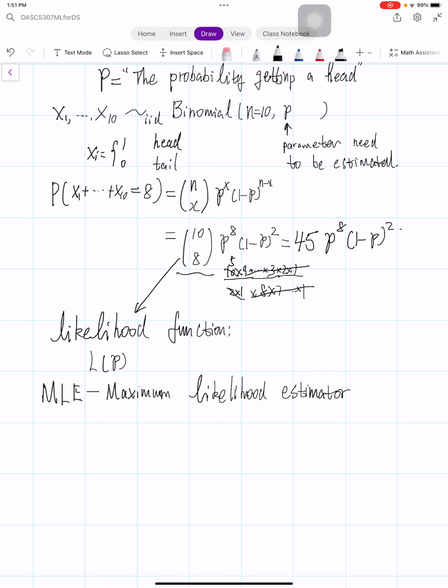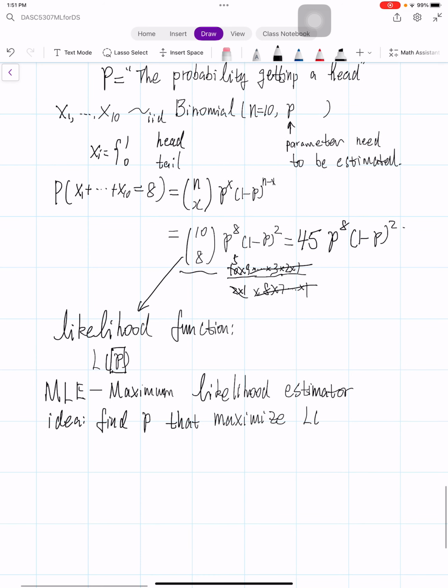In other words, we need to find a p such that this likelihood is maximized. So the idea is to find a p that maximizes L(p).